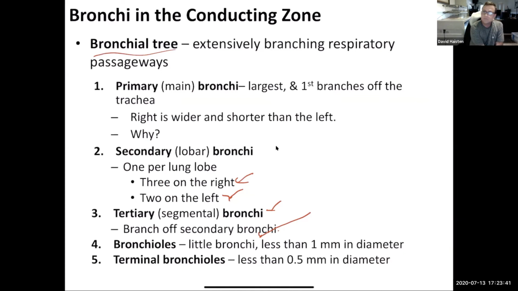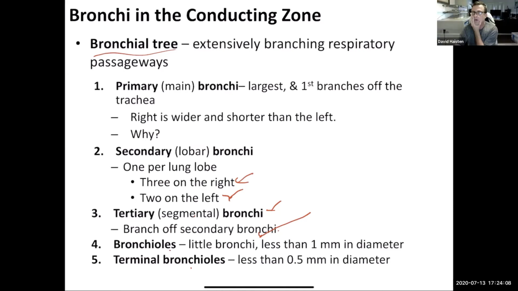All right, so your bronchial tree: main bronchi, lobar bronchi, segmental bronchi, bronchioles, terminal bronchioles. What comes next after terminal bronchioles? Respiratory bronchioles.